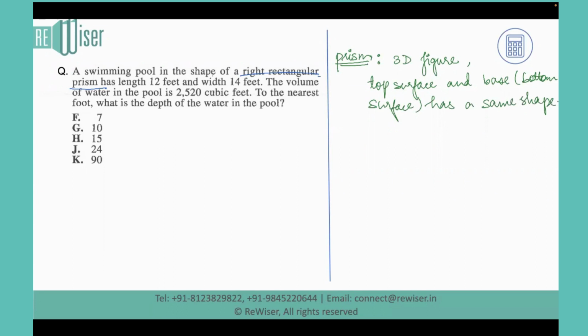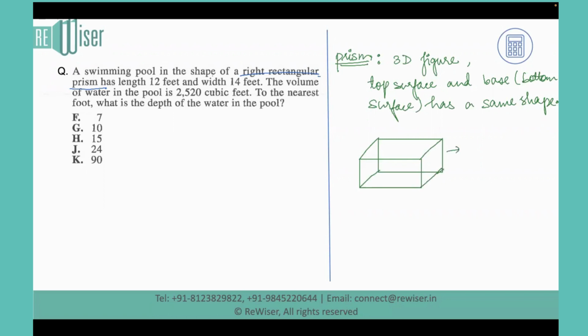It's identical. So as we are given a right rectangular prism, I can say that my base is a rectangle as well as my top surface is also a rectangle. Now, when we join this, we are going to see that we will get a figure which will resemble nothing but a cuboid.